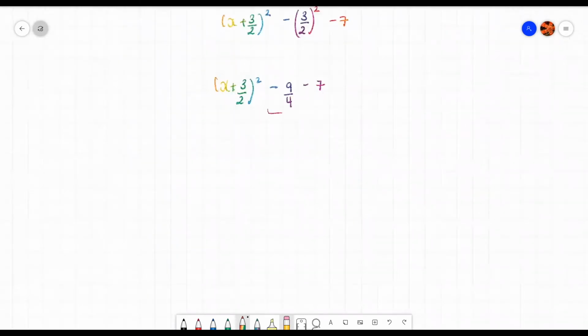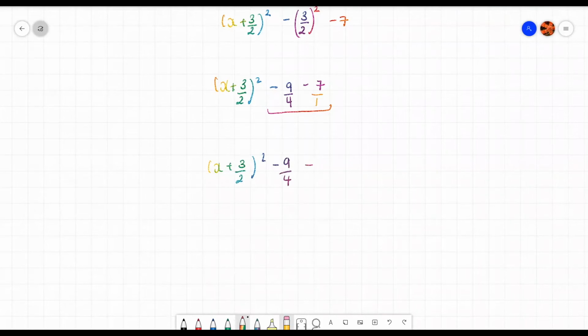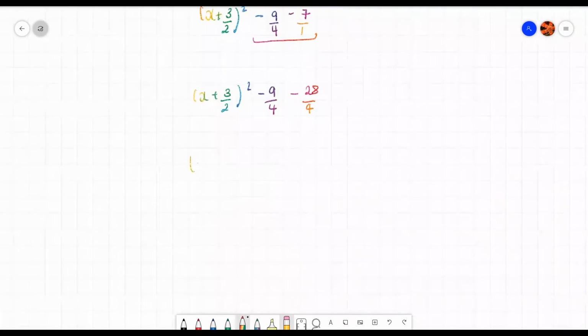Right, in order to subtract this, I've got to put that under a common denominator. So that invisible denominator is 1. So I've got to do x plus 3 over 2 squared, minus 9 over 4, and 7 times top and bottom by 4. So that's 28 over 4. So now it's quite simple and straightforward for me.